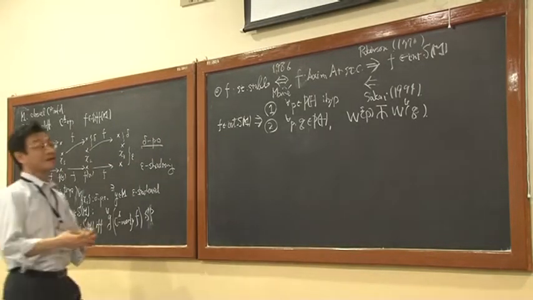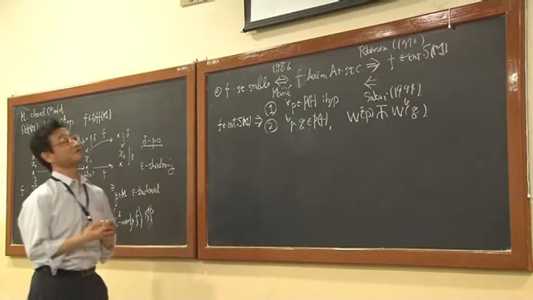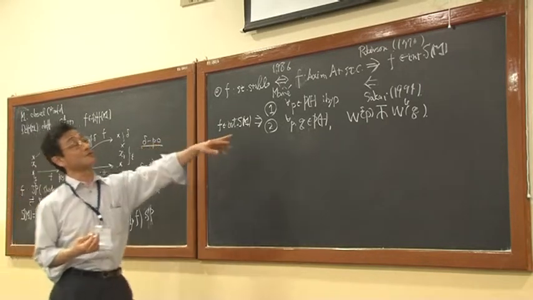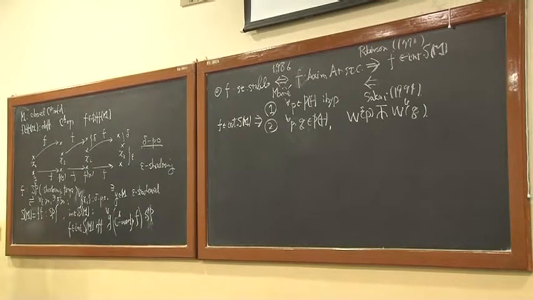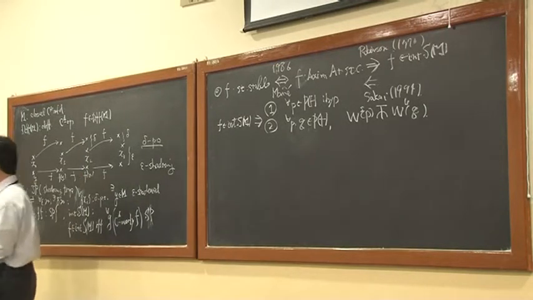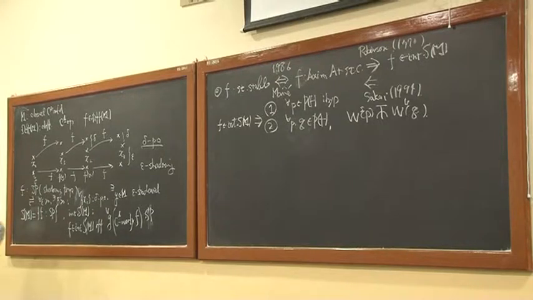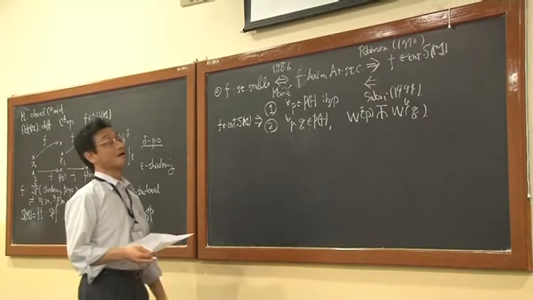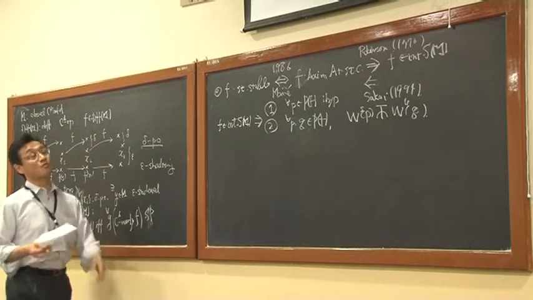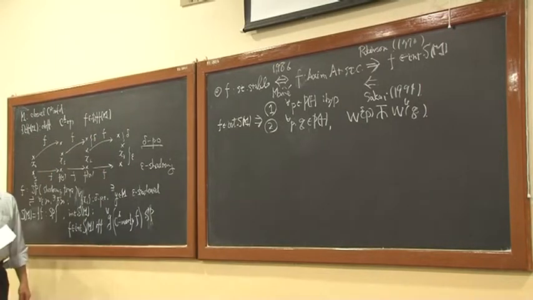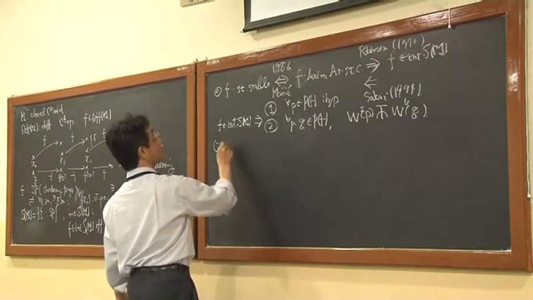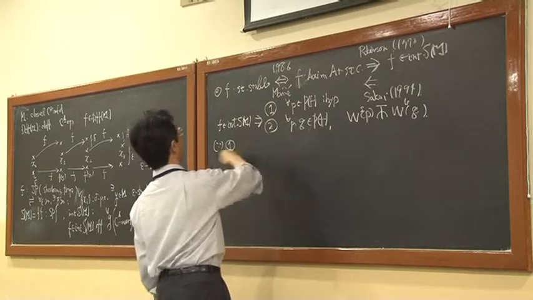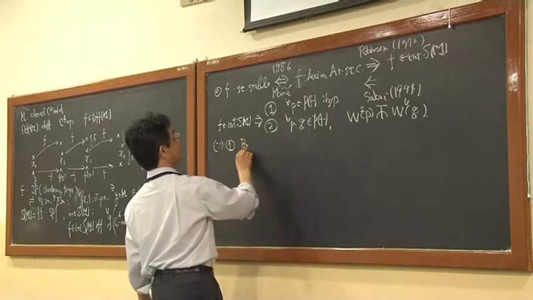Let me describe the outline of the proof of 1 and 2. We argue by contradiction.